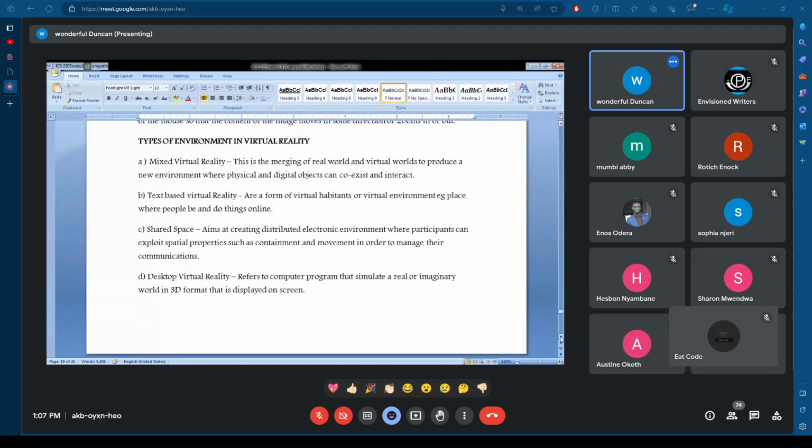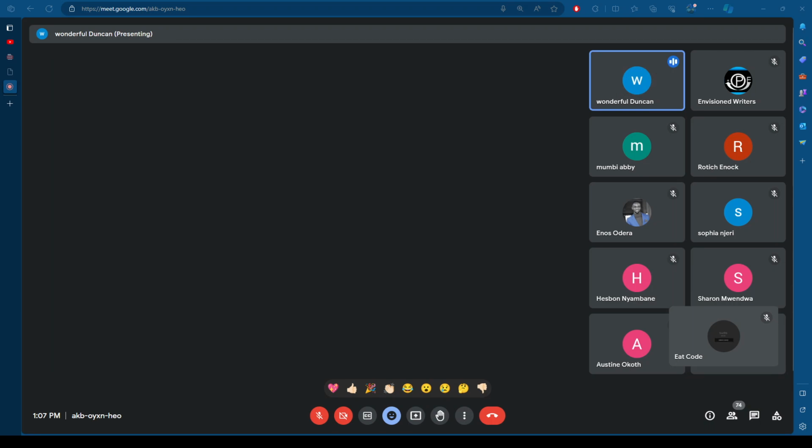Refers to a computer program that simulates a real or imaginary world in 3D or 3-dimension format that is displayed on screen.